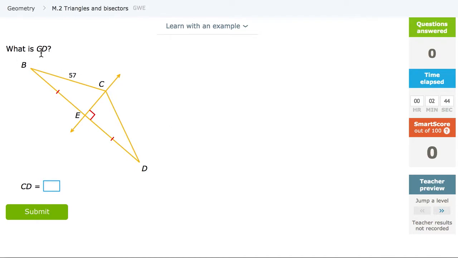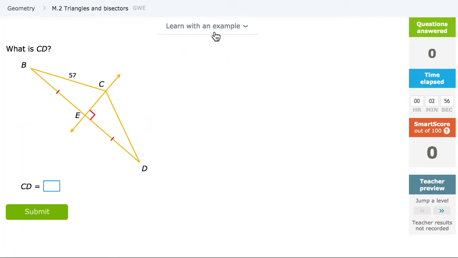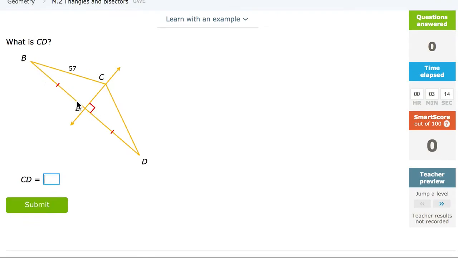What is CD? So now this is actually the perpendicular bisector problem. They don't give us the example here, but the idea is the same. The perpendicular bisector is cutting this segment here, BD, in half. Bisector means it cuts it in half, just like the angle bisector cut the angle in half, and therefore BE is congruent to ED.